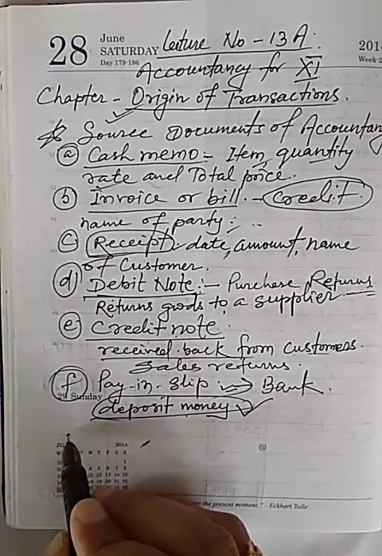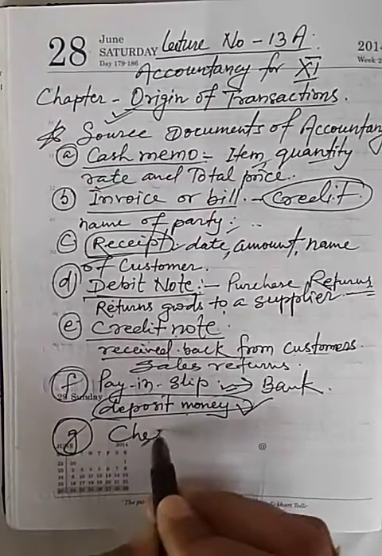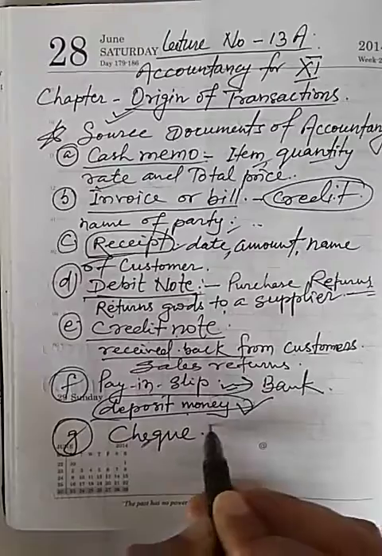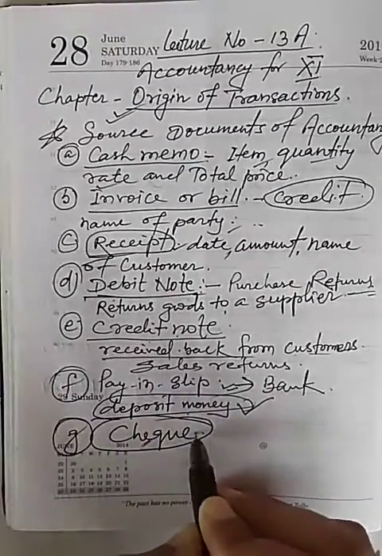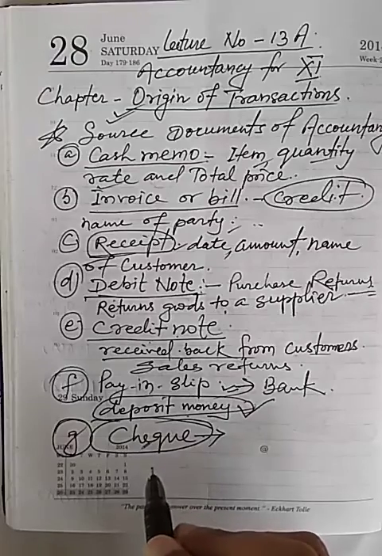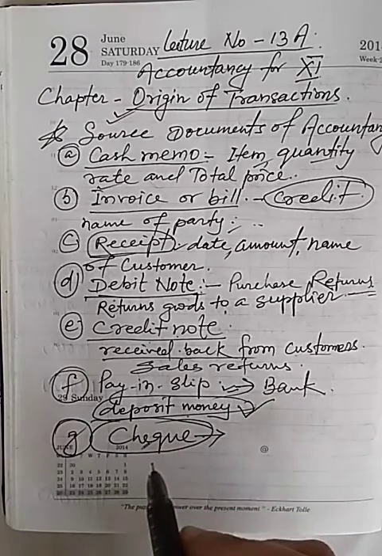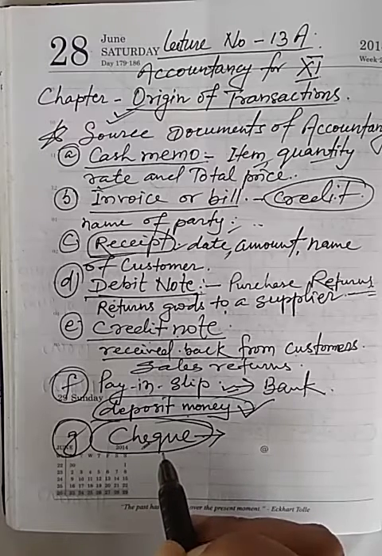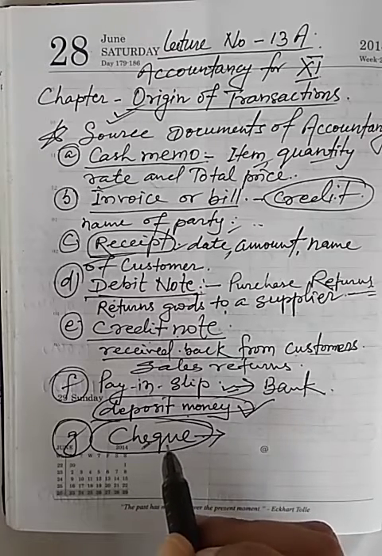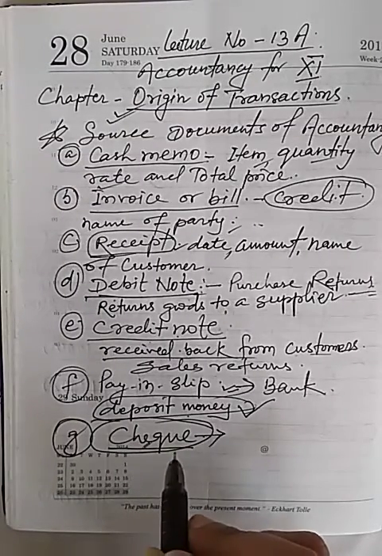Next point is check. We all know about check because each and every family has a bank account, and the bank issues a check to its customer for withdrawing money from the bank.